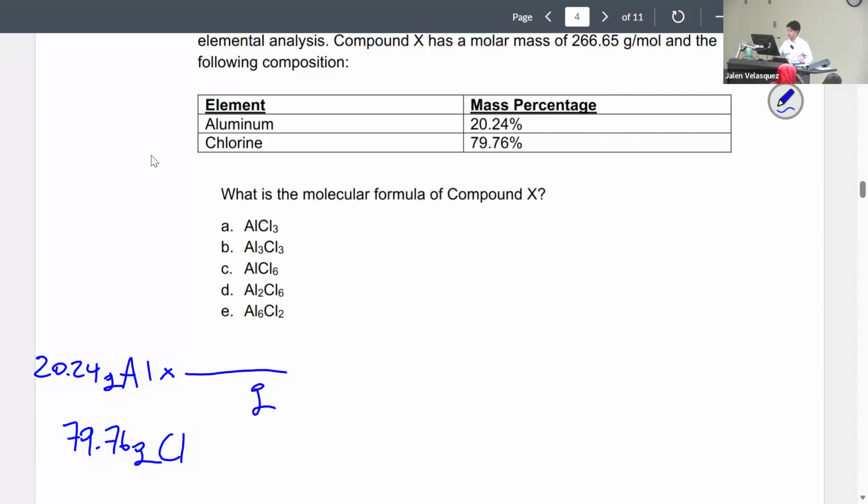Converting grams to moles, the gram is on the bottom, the mole is on top. You're dividing by the molar mass. So of course you find molar mass from the periodic table. The molar mass for aluminum is 27, and the molar mass for chlorine is 35.45 grams in 1 mole.